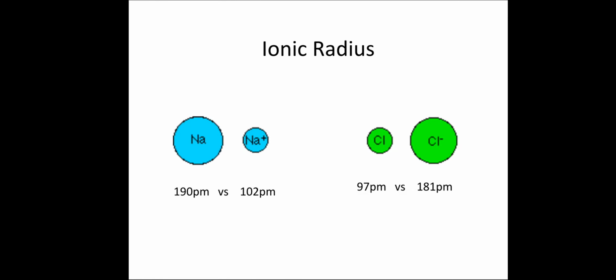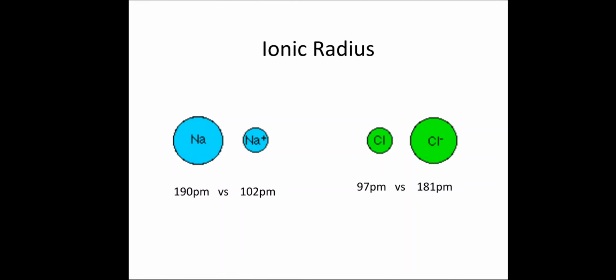So what is ionic radius? It is similar, but when you take a neutral atom, it is atomic radius. When you take an ion, it is ionic radius. For example, you have sodium, which is a neutral atom, and you have sodium plus, which is an ion.